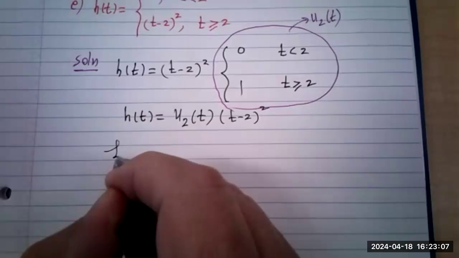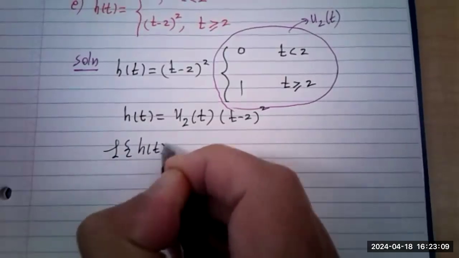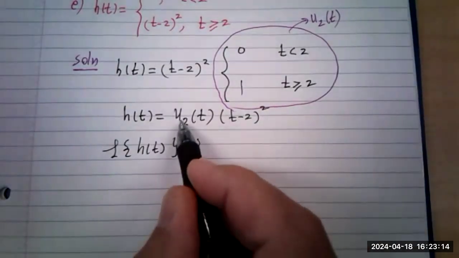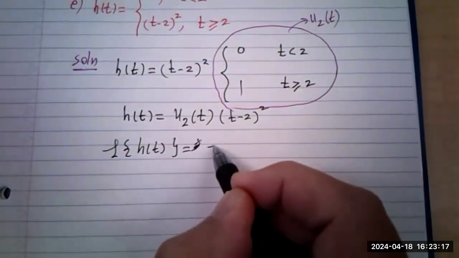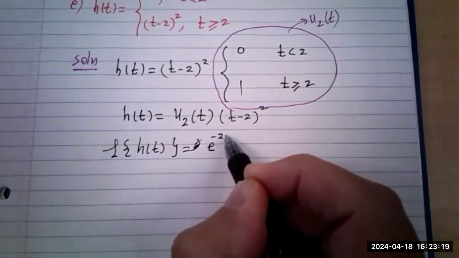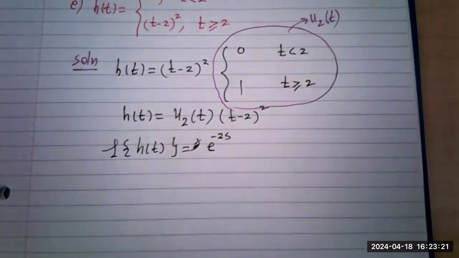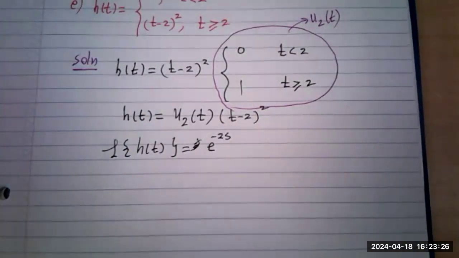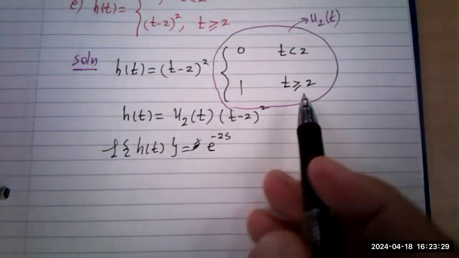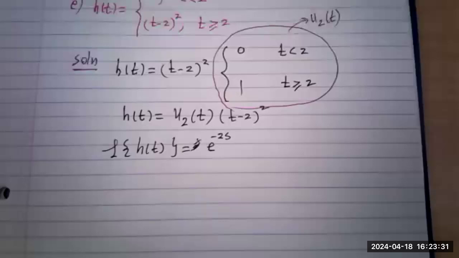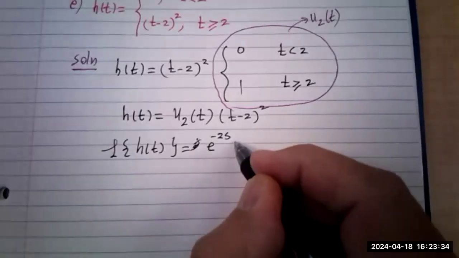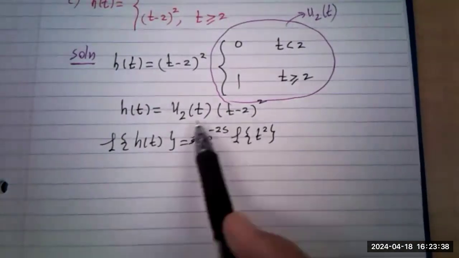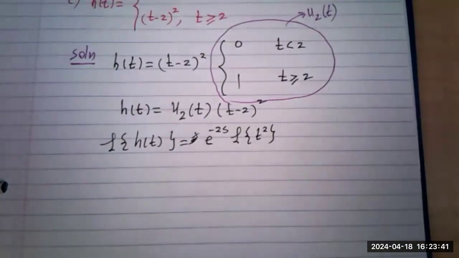So this is it: Laplace of h of t is going to be equal to, because of the u2 over here, a factor of e to the negative 2s. Then the Laplace of this function, this is a shifting of the function. You shift it by 2. So the function is just t squared. It's t minus 2, call it t squared. So it's going to be the Laplace of t squared. They must be the same so that you have the form of the theorem.